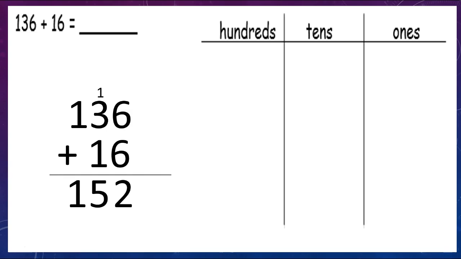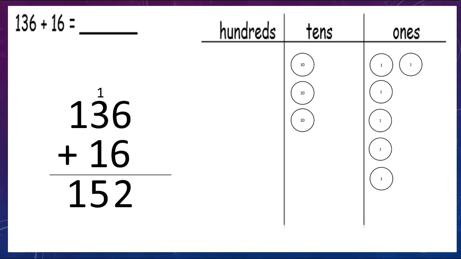Now for our place value chart here. How many ones do we need? 6. Okay, count how many I have. And how many tens? Let's count them. And how many hundreds? Now we need to add 16 more.